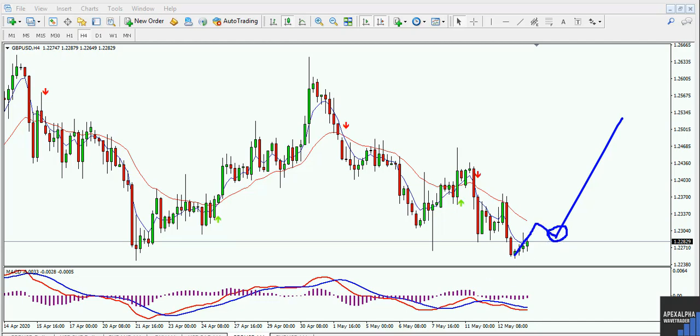You might get that, you might not, or it might look like this, and then up. Most likely it might give you something like this. So how are you going to wait for this? The best way to wait is to determine and wait for a golden cross on the MACD, golden cross on the EMAs.